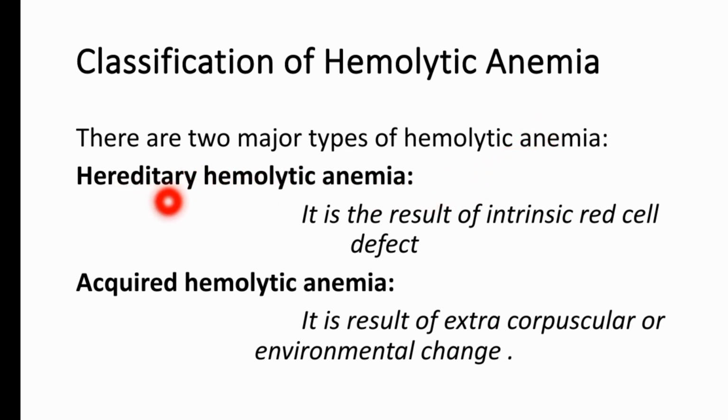So we have the hereditary type, and then we have the acquired type. Acquired means there is some extracorpuscular or environmental change that results in the hemolysis of red blood cells. That gives us the acquired hemolytic anemia.